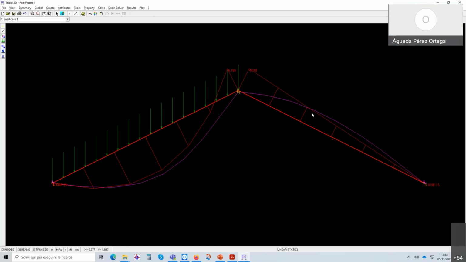Should I say it? Hello? Can you hear me? Yeah, I can hear. Okay. So if node 2 is, I don't know if it's the correct term in English, adjoint. The moment is to be 0. The right term is a hinge. It's an internal hinge.